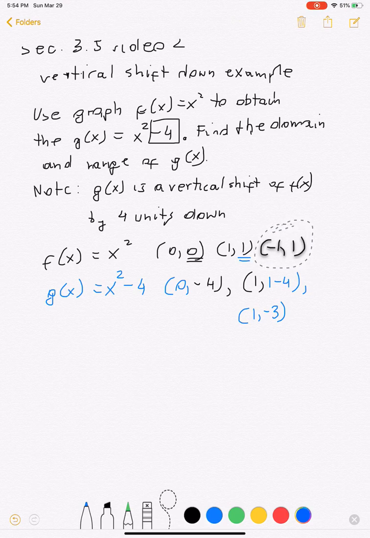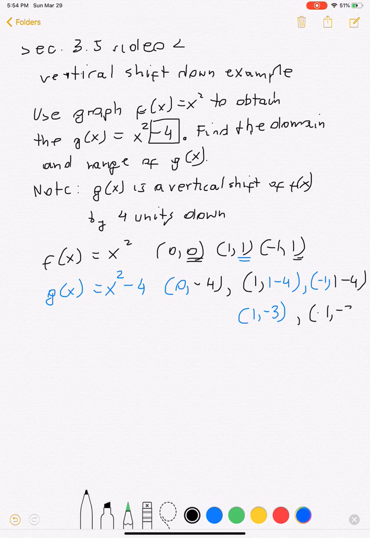Originally we had negative 1, 1, but now we're going to have negative 1, negative 3. Again, you take your original y value, which is 1, and subtract 4.